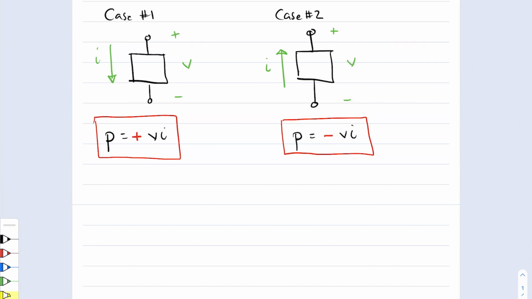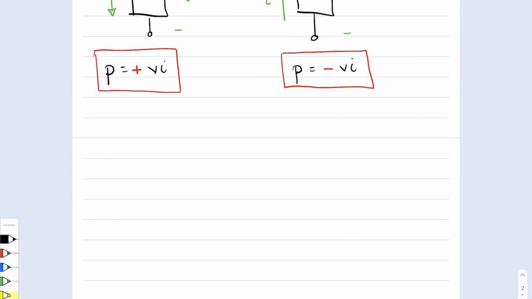Now, notice that there are 2 signs associated with the power, and there are physical ramifications to this. So I want to talk very briefly about the sign convention for the power.